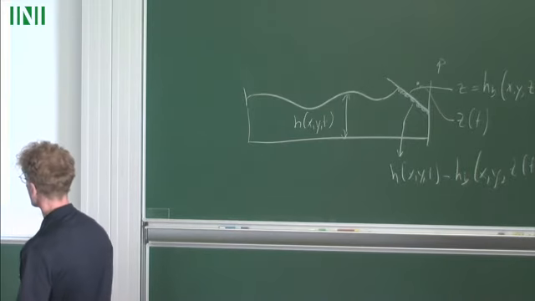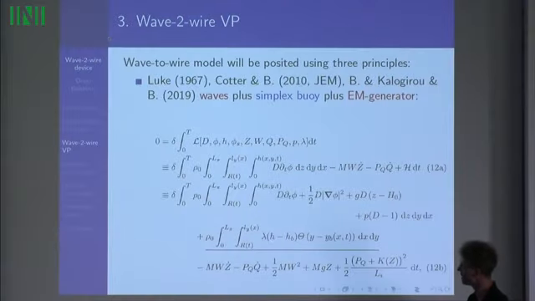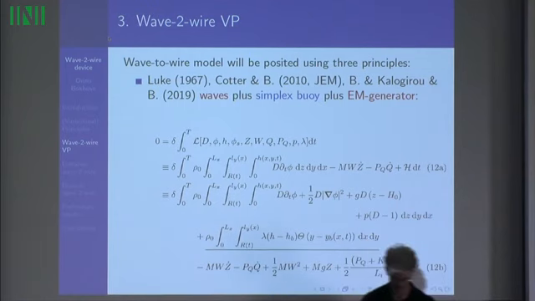That is imposed here by saying this Lagrange multiplier times the constraint that h minus hb should be 0, so h is hb, and this only holds for y bigger than yb. And yb is this waterline. So here is this Lagrange multiplier lambda defined.